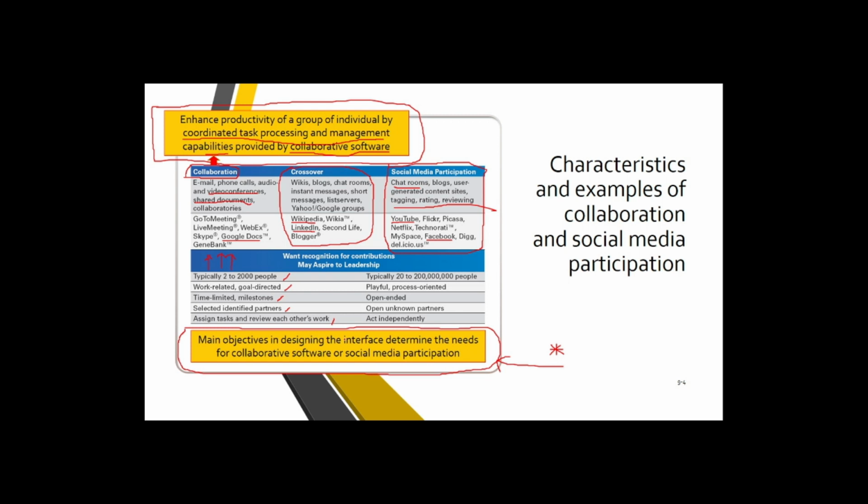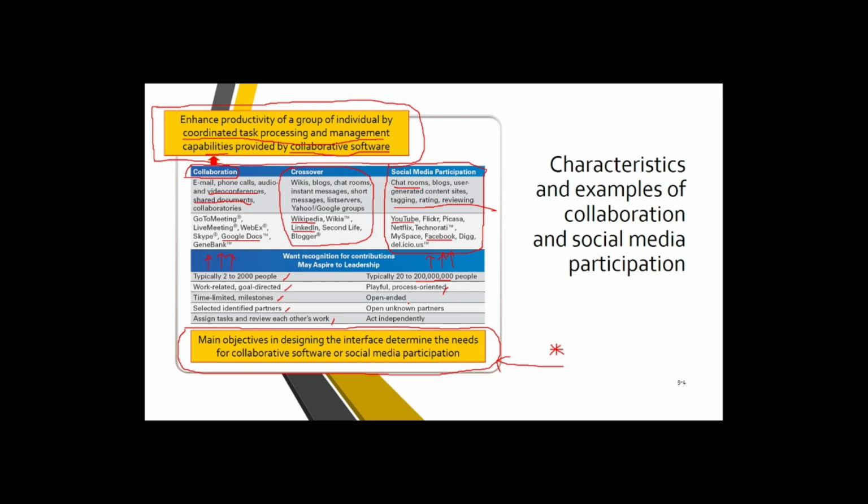I mean, lecturers have to deliver the content of these topics, and the students need to enrich their knowledge by self-study. On the other hand, if we allow social media participation, the number of participants could increase up to 200 million people, and the task is no longer goal directed, it is process oriented.